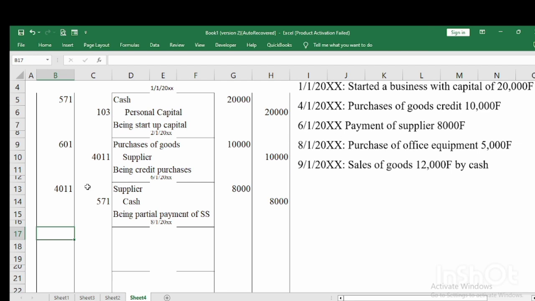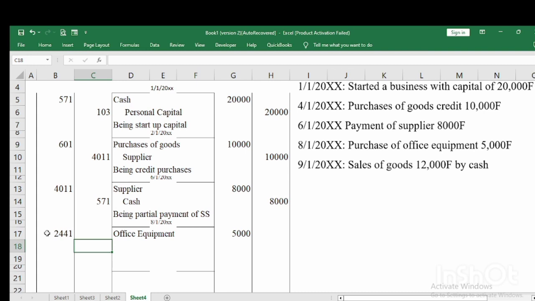So we are going to debit office equipment account, fixed asset 2 something, or 244, I guess. Please, you can confirm from your plan. So I have office equipment amount 5,000. Purchase of office equipment.